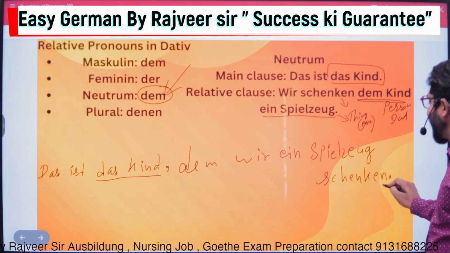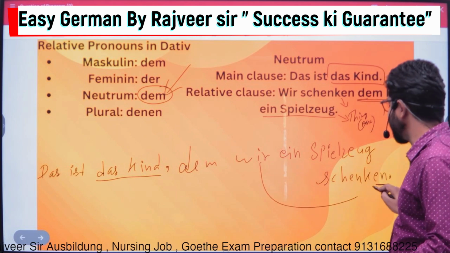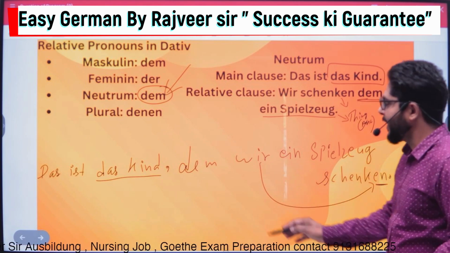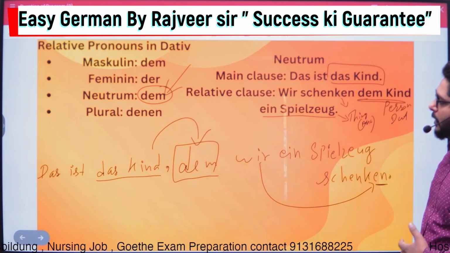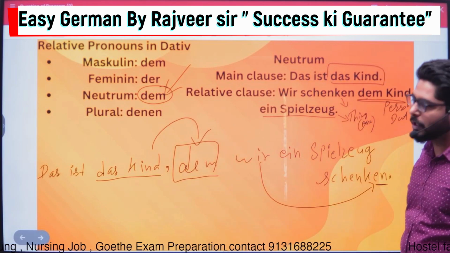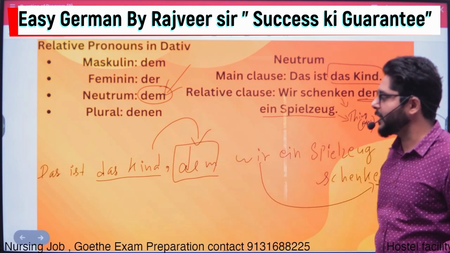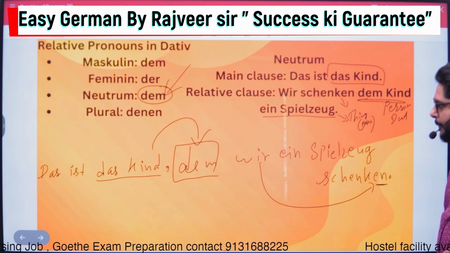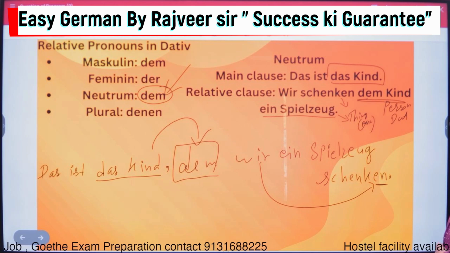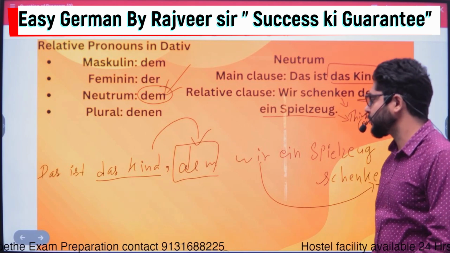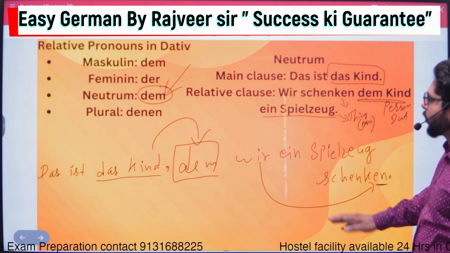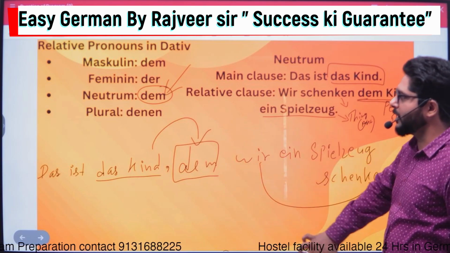Why this schenken here? Because wir is still the subject here, nominative, and this dem is used in place of Kind, and Kind is neutral. So that's why we have converted it to dem. So this dative neutral is over.